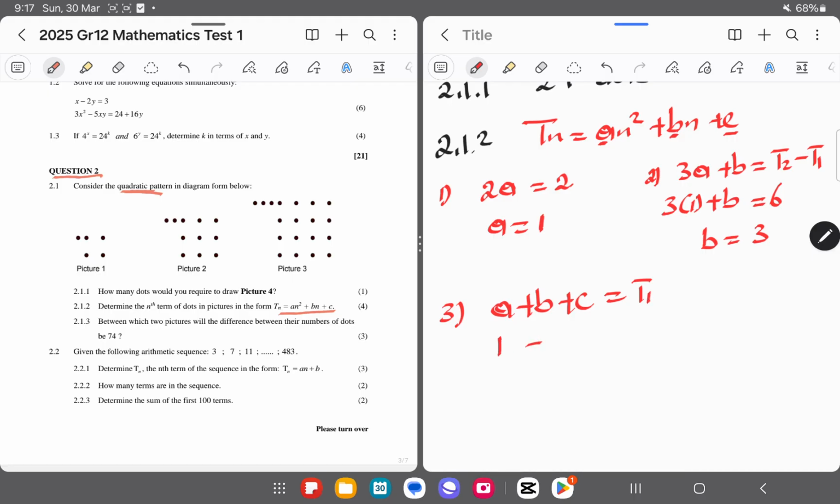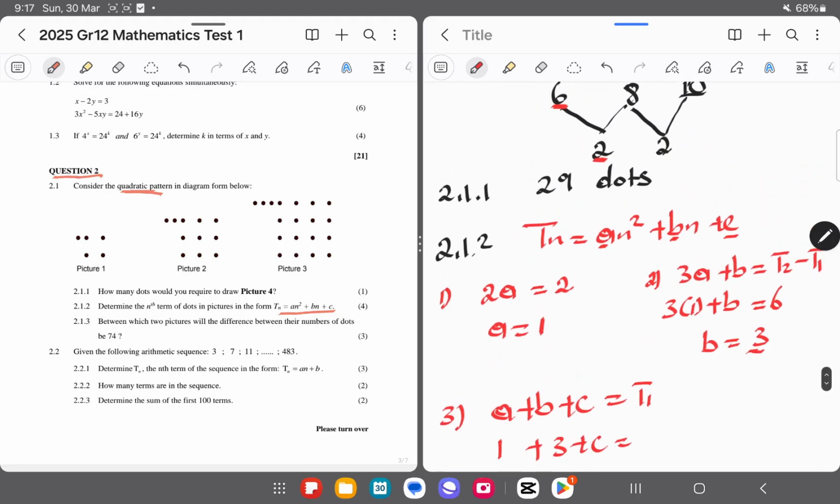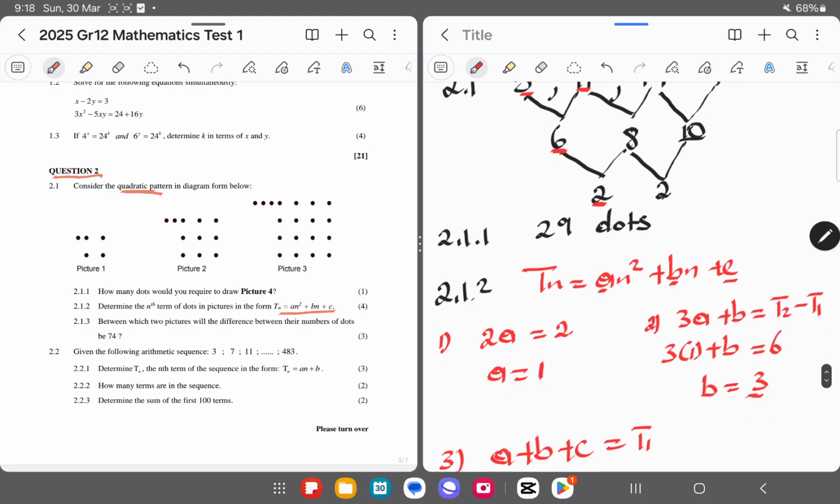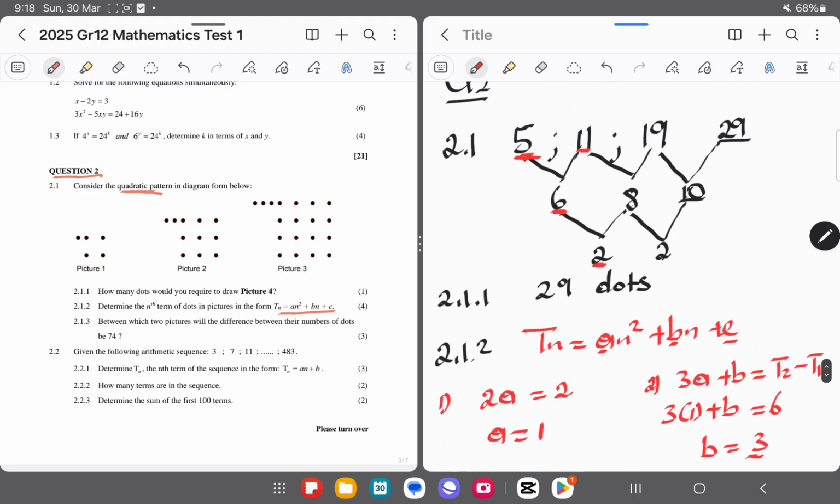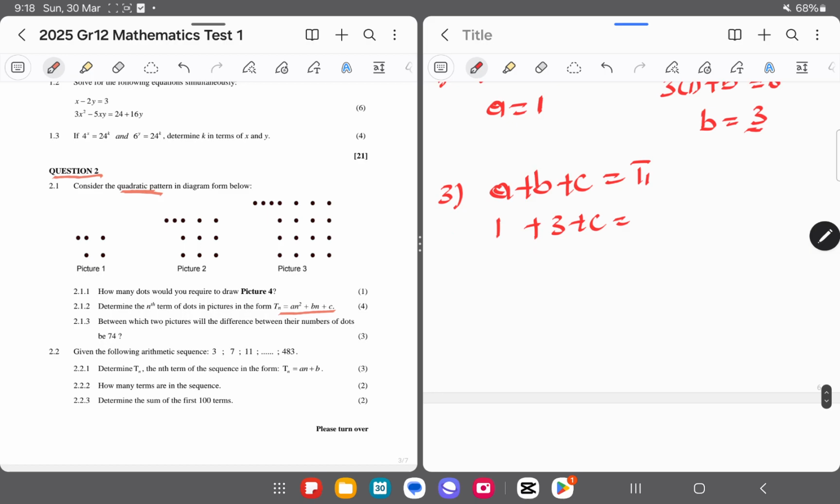A is 1, plus B is 3, plus C. Now what is your term number 1? Term number 1 is equal to 5. Therefore C is equal to 1, because 1 plus 3 is 4. If you take it to the other side, it will become negative. 5 minus 4 gives you 1.